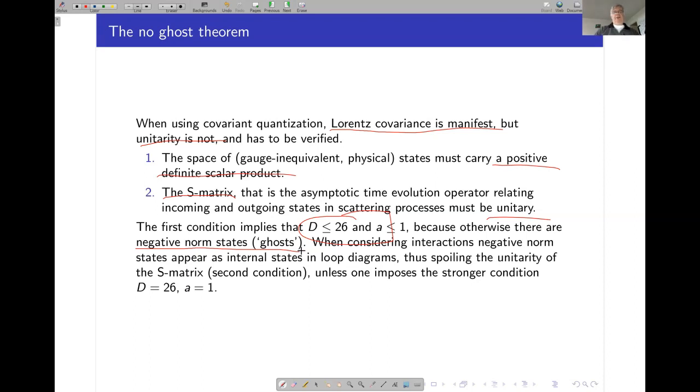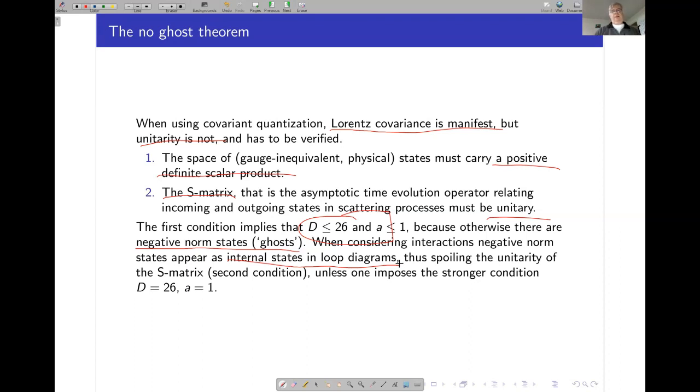Now, at the level of the free theory, one cannot go further than this, because if I have a theory which is unitary for d equals 26, then I could just trivially truncate it to any lower dimension, and this would not introduce any new negative norm states, because I'm just making the spectrum smaller. However, if one looks at internal states in loop diagrams, one finds that if d is different from 26 and a is different from 1, then these negative norm states reoccur as internal states in loop diagrams.